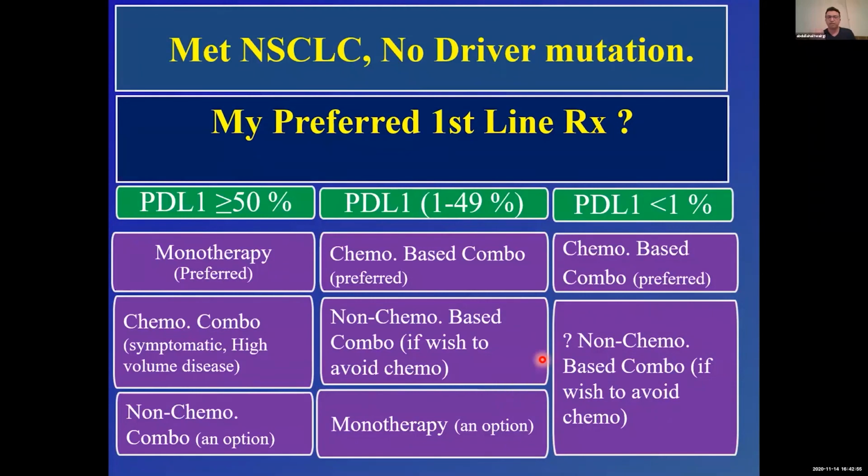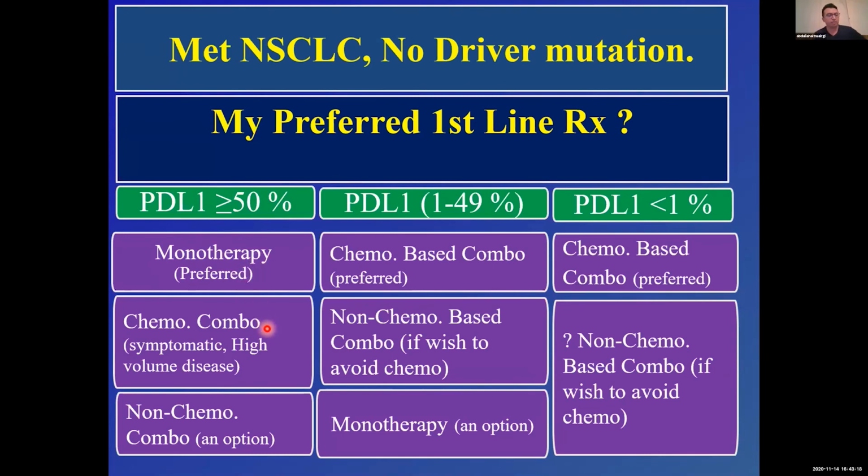So in practice, when you decide about the treatment options for a patient with advanced disease in the first-line setting, most of the time we have to look at the PD-L1 expression. If we have a patient with a PD-L1 positive and high expressor, the preferred regimen is always monotherapy, and we have 2 options right now: pembro and atezo.